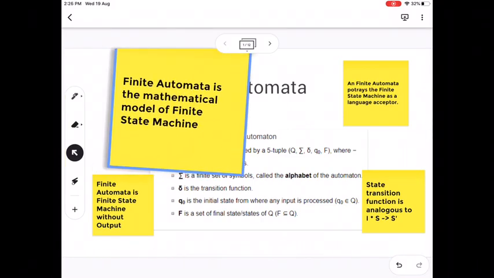Finite automata is the mathematical model of finite state machine. Mathematical models of machines are the abstractions and simplifications of how certain machines actually work. They help us understand specific properties of these machines.